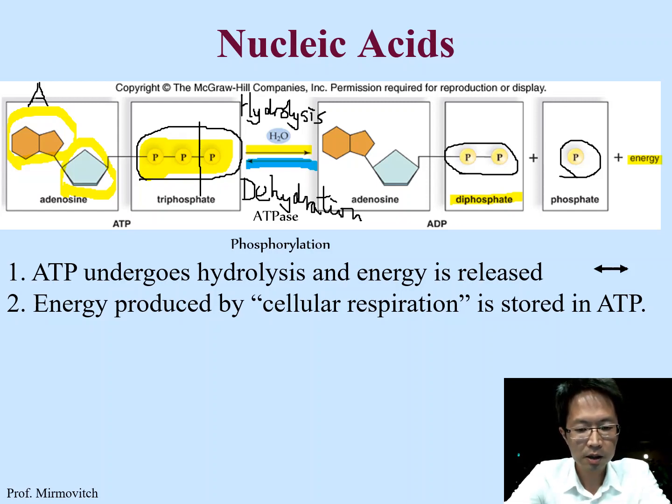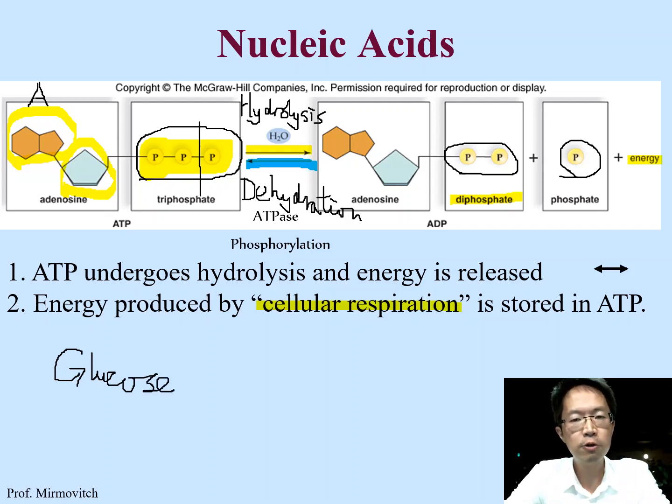And this is something that we will talk about very soon, cellular respiration. How do we make ATP? We make ATP from glucose. Or specifically, I should say that we make ATP from the food that we eat, and then we convert the food into ATP.